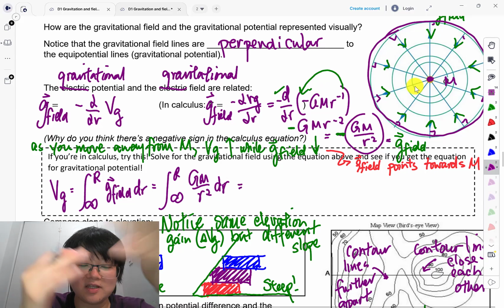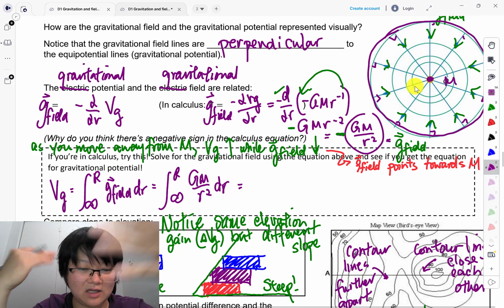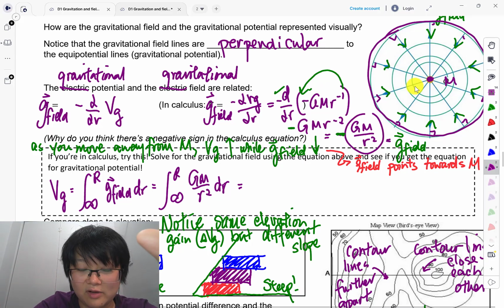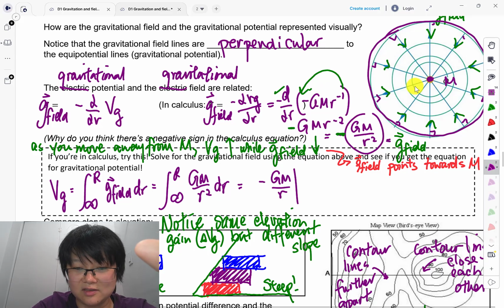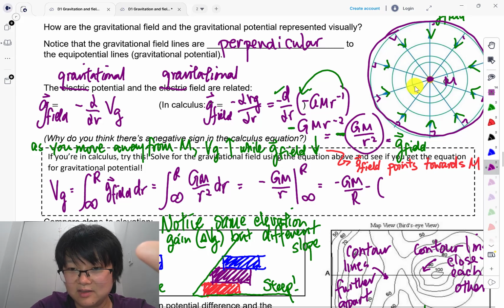Okay, so from here, we take the antiderivative of an inverse square, which gives us negative big G big M over r. And we evaluate this from infinity to r. The final is negative big G big M over big R minus negative big G big M over, I'm going to put an infinity sign even though it's not technically allowed.